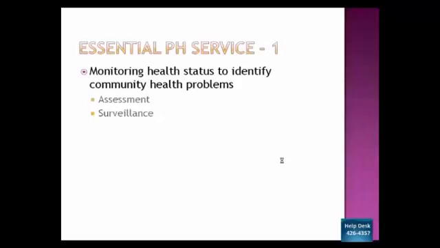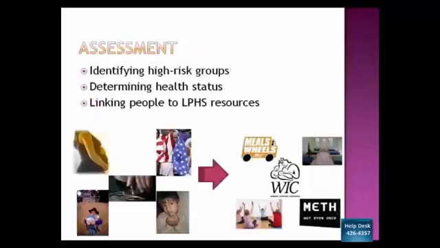Assessment and surveillance are something we do continuously in the area that I work in. In assessment, we're looking at a lot of different factors. One is just identifying risk groups. It depends on where you're studying. In my area, we look at infectious diseases primarily, so we look at risks that might affect certain populations. For example, we know influenza typically affects the elderly and the very young and the pregnant.